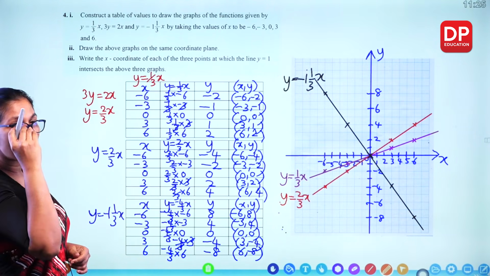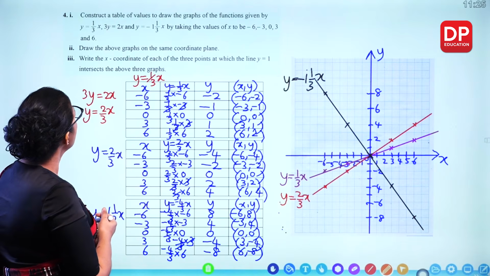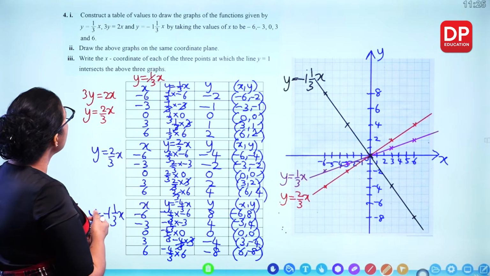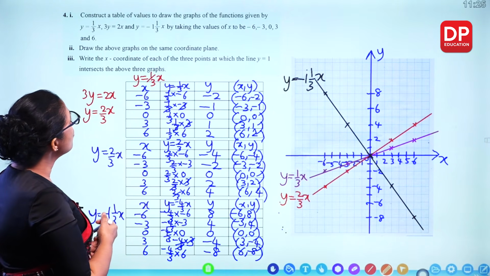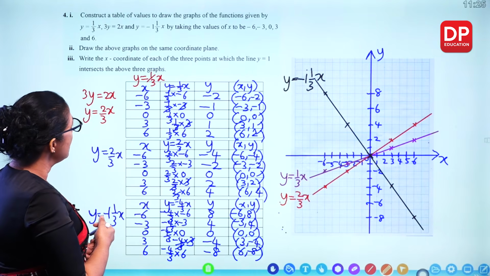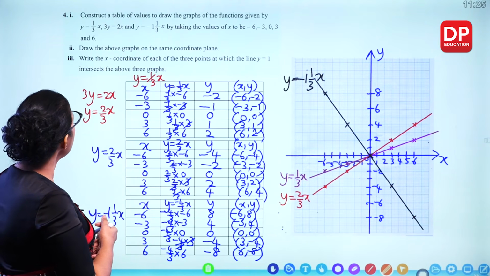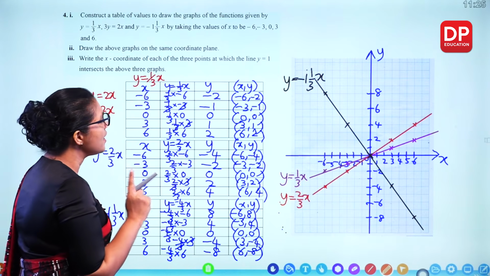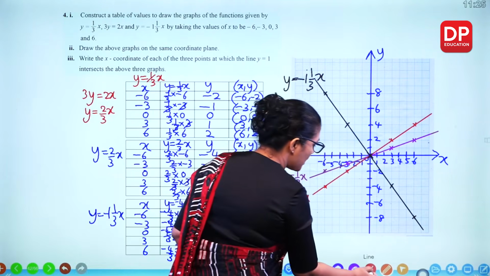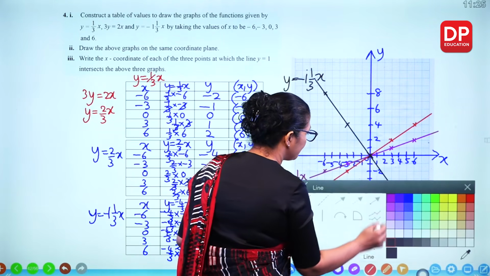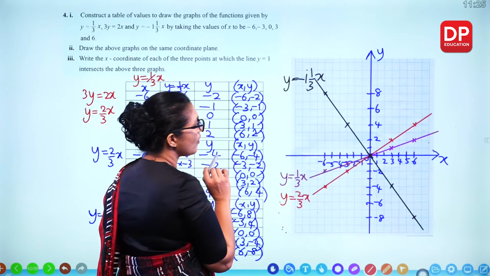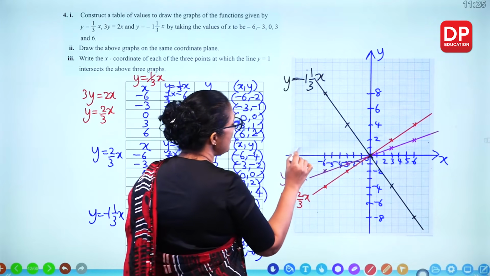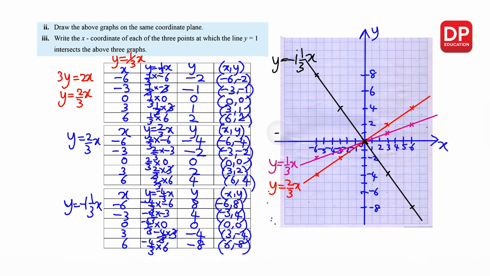Now we'll try to answer the questions given below. Write the x-coordinate of each of the 3 points at which the line y equals 1 intersects the above 3 graphs. y equals 1. So what is the y equals 1 graph? A horizontal line that passes through 1.